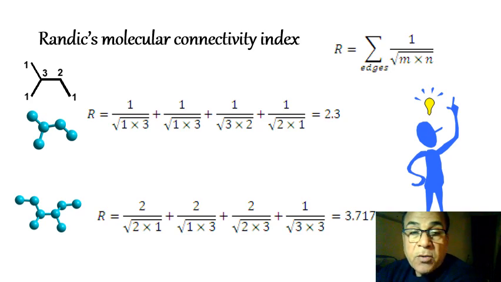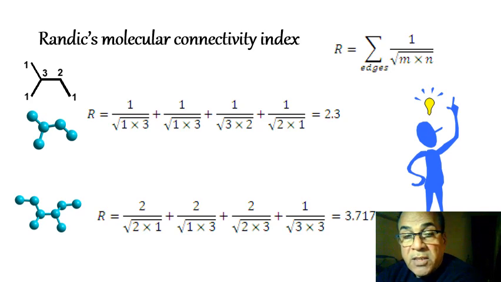The edge atom is connected by 1 bond. This carbon is connected to 3 bonds, that one to 2 bonds, and the terminal one to 1 bond. We calculate the molecular connectivity index by the square root of 1 times 3. This bond is connected.